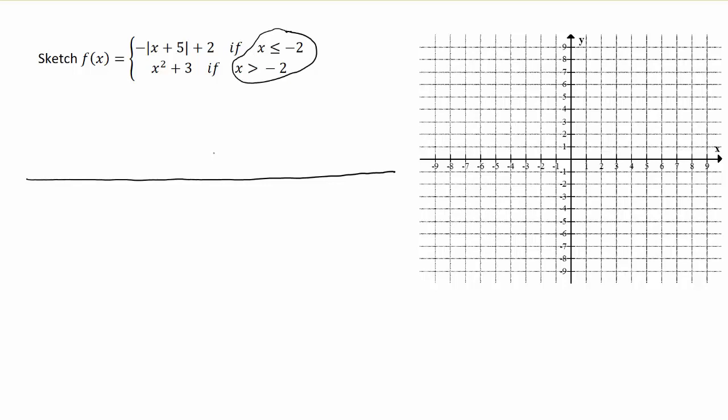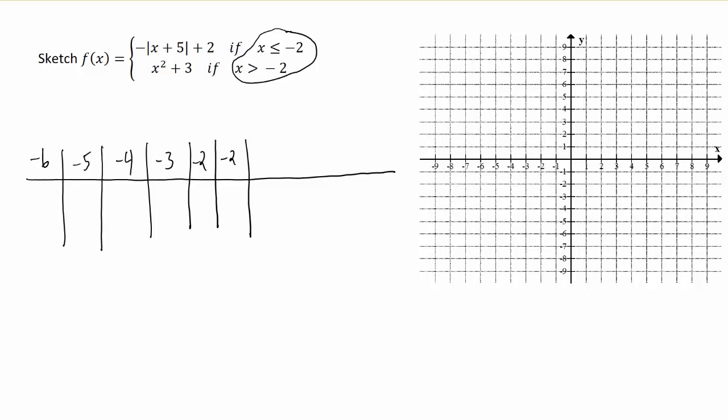So I'm going to put -2 sort of in the middle twice. And then I'll extend in either direction. -3, -4, -5. How about -6 to the left? And how about -1, 0, 1, 2? All right, let's see what we have here.